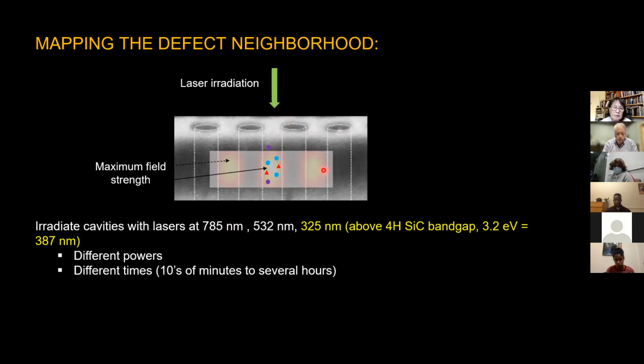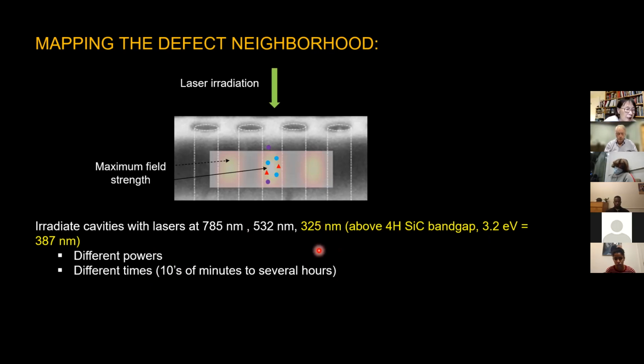He said, let me see what happens if I irradiate this cavity with lasers at 3 different wavelengths: 785, which is sort of red, 532, green, and then above the band gap, 325 nanometers. Irradiate them at different powers and for different times. Mina tried tens of minutes to several hours.